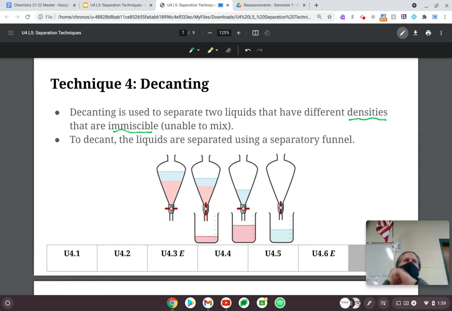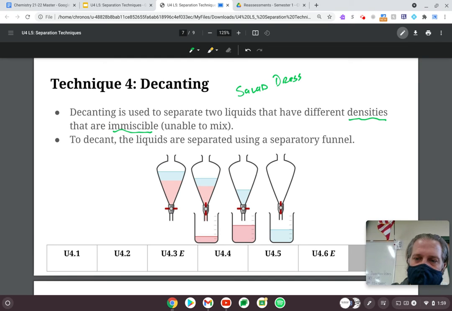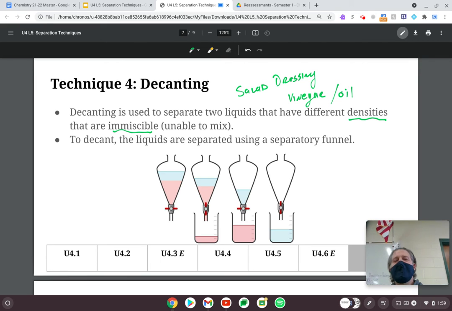And then you shake it up real good, and you pour it over the salad and you've got the salady goodness of the dressing. That's an example of two liquids that don't mix together well, specifically vinegar and oil.